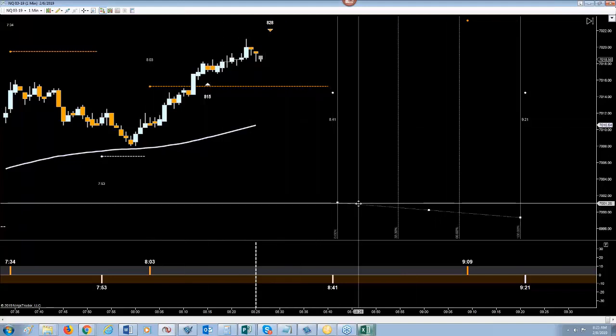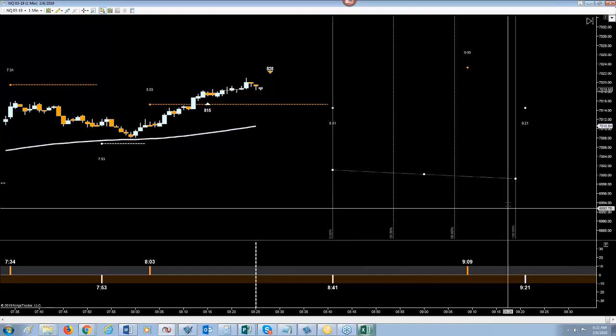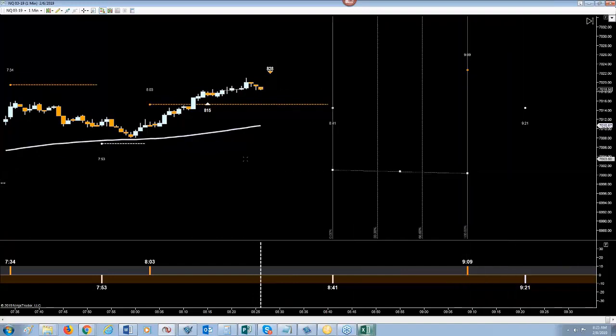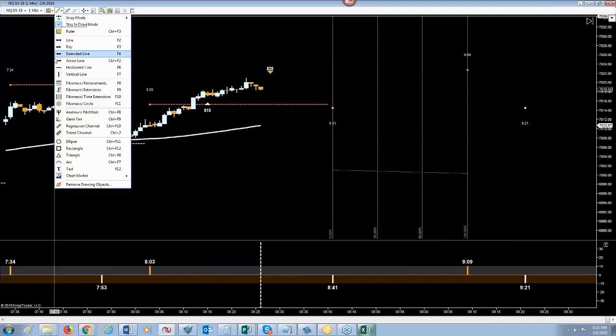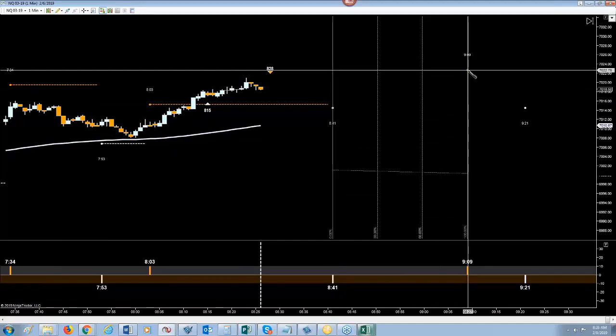Now over here, we already have our next set of signals between 8:41 and 9:09. So I can prepare for that in advance by putting a set of signals crossing over the space of time between 8:41 and 9:09.